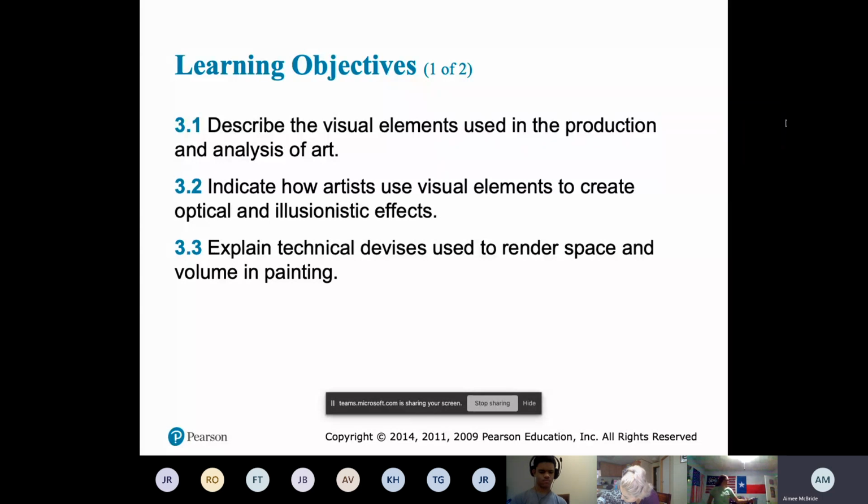They use these tools to create visual effects and illusionistic effects. So trying to create a 3-dimensional space on a 2-dimensional plane, and try and create volume.